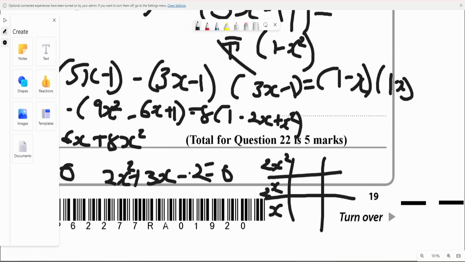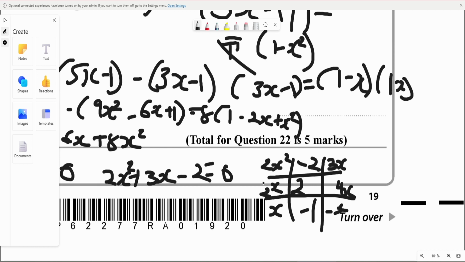Put the last number, minus 2, and then the 3x right here. To make minus 2, we need a 2 and a minus 1. We multiply these by the other number in the grid, so we get 4x and minus x, and then we add them: 4x plus minus x is 3x. That is correct, so this works.